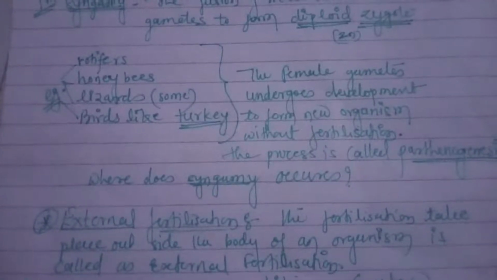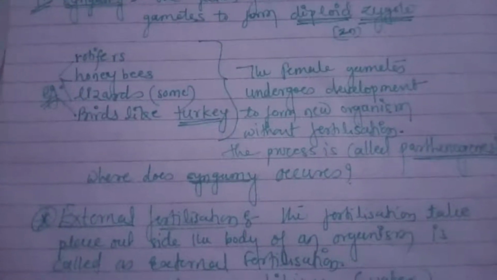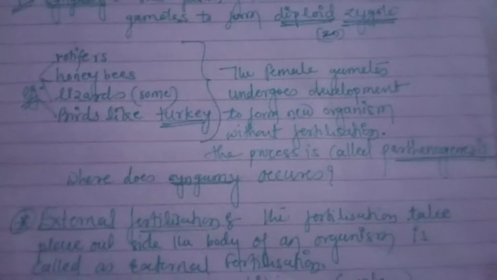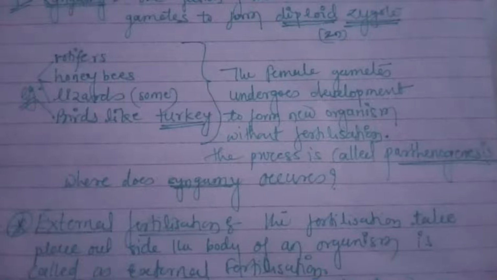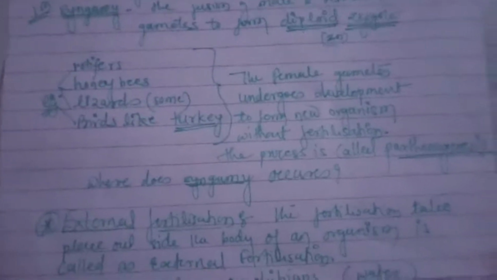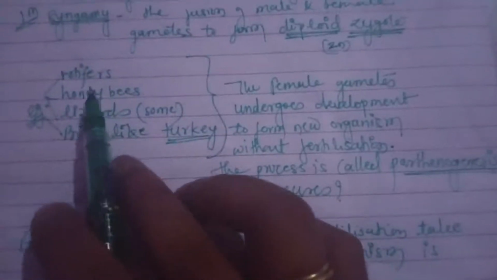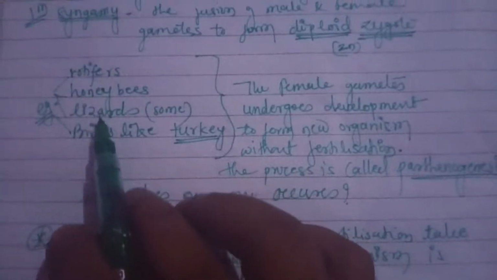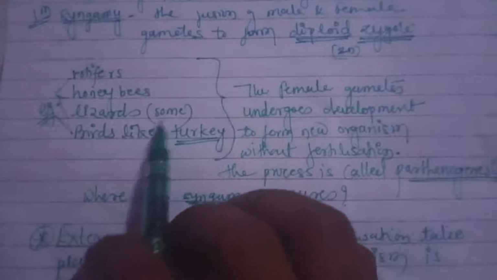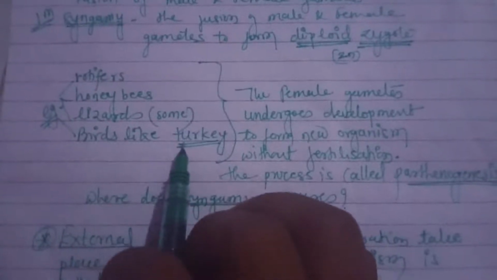Before the types of fertilization, another thing we are going to study: in some organisms the fertilization does not occur. Here I have written a few examples like rotifers, honeybees, some lizards, and birds like turkey.